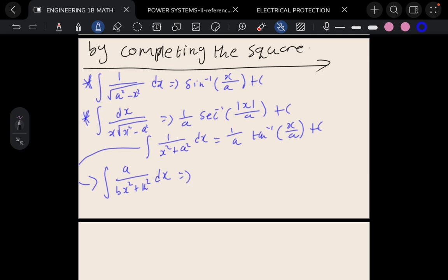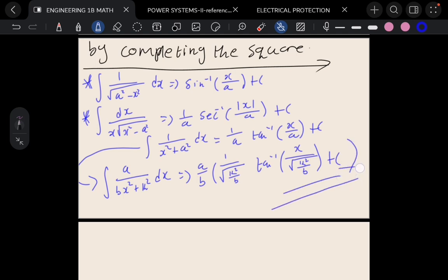Our integral here is going to be a over b times 1 over the square root of k squared over b arctangent of x over the square root of k squared over b plus c.